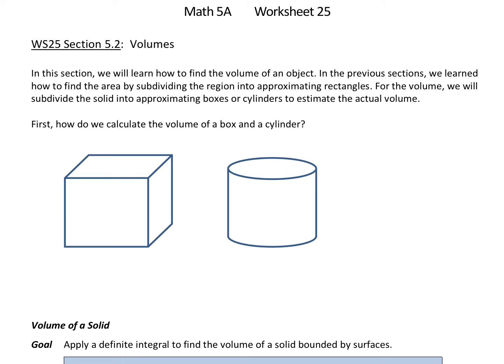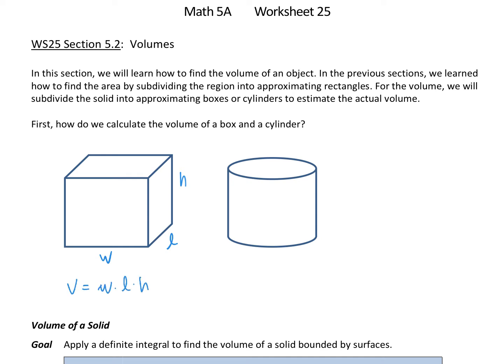So let's look at this. There's a box, and this is a cylinder. How do I find the volume of a box or a cylinder? Okay, for a box, we have a width, a length, and a height. So the volume of a box is width times length times height.